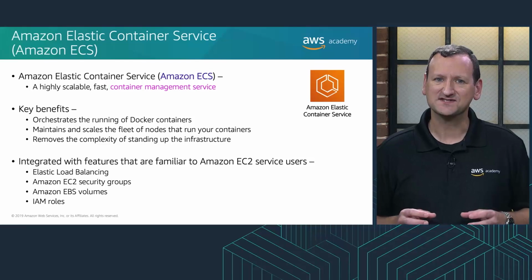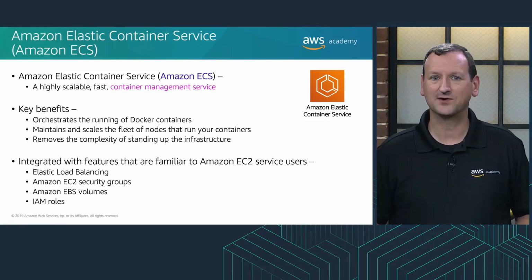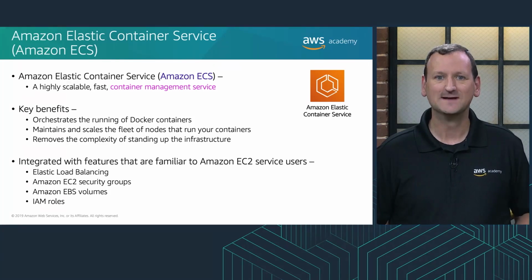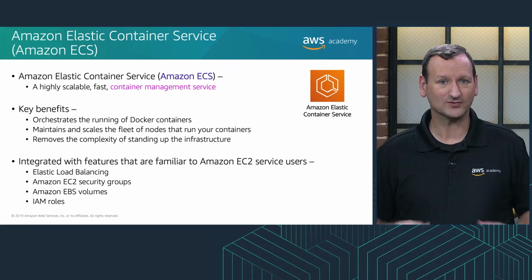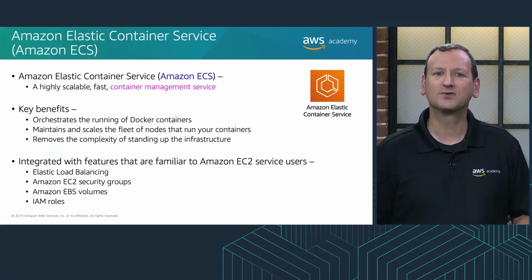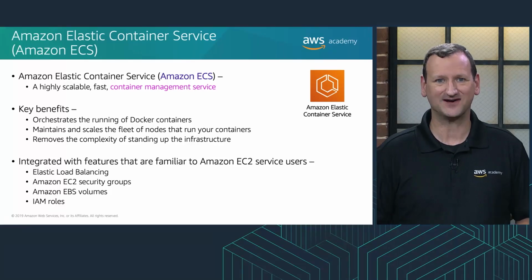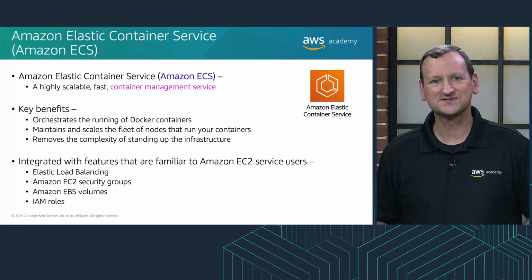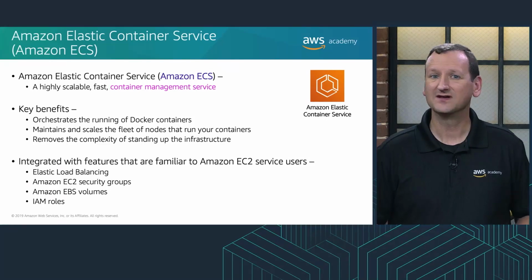Amazon ECS is a scalable, high-performance container management service that orchestrates the running of Docker containers. It manages the fleet of nodes, or EC2 instances, that run your containers, removing the complexity of managing the infrastructure yourself. Amazon ECS provides a familiar set of features to anyone who uses the EC2 service, including elastic load balancing, security groups, EBS volumes, and IAM roles.